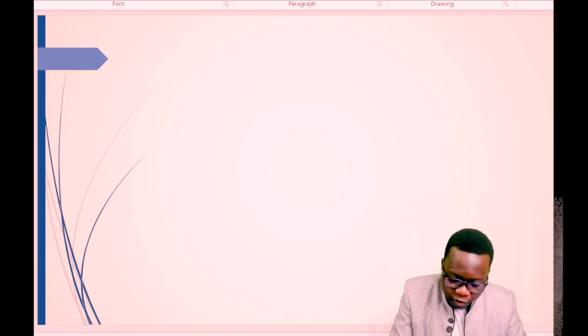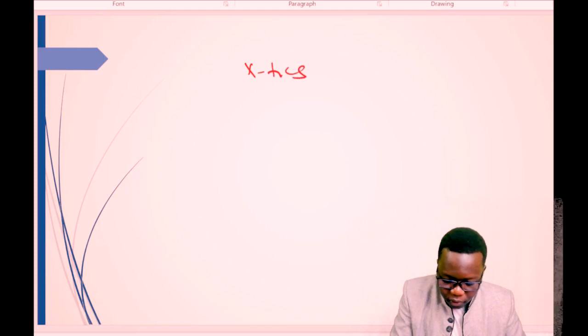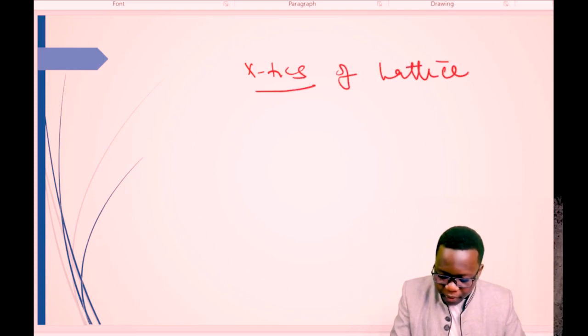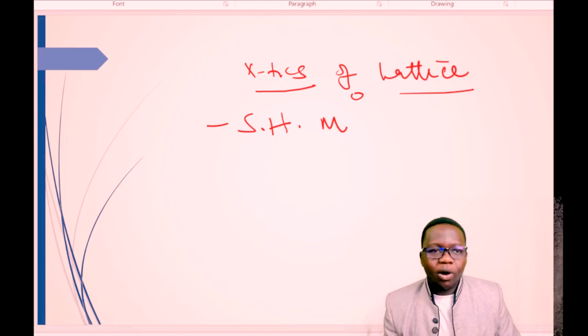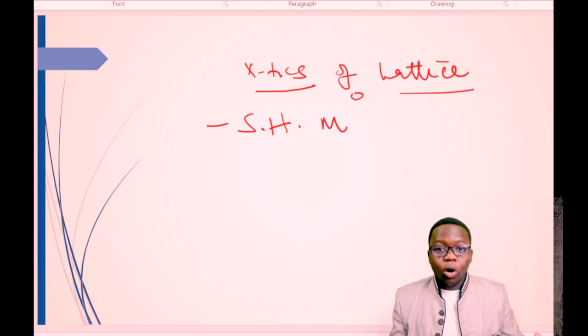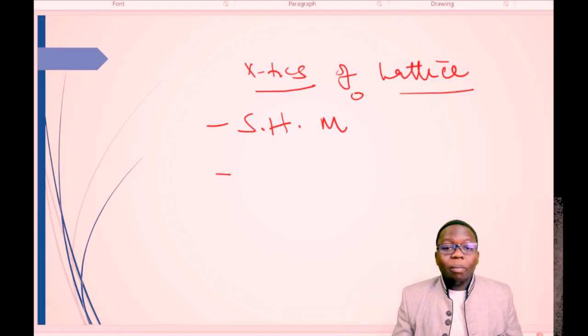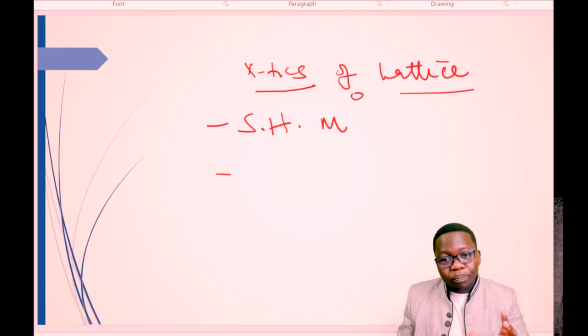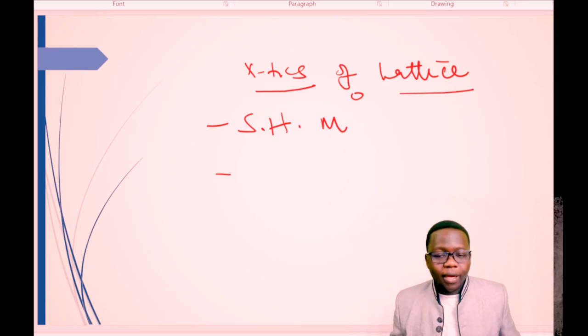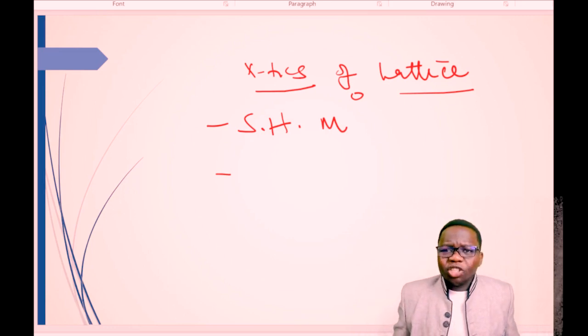So one of the properties of a lattice is that it performs simple harmonic motion. If it performs simple harmonic motion, which equation can we look at? The most important thing we must not forget is that this lattice must also be obeying the extension rule.